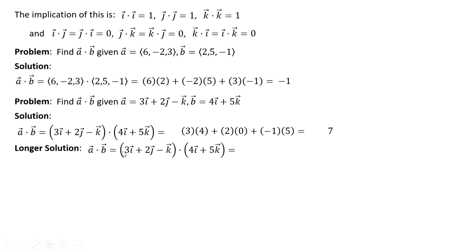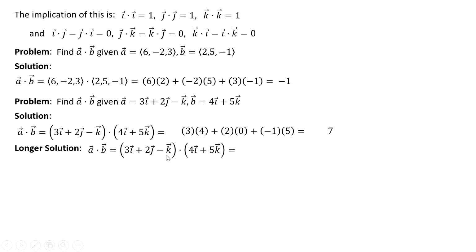So we have A dot B, is that right? So check this out. Can we apply the distributive property? That means, can I first take this vector 3i and take a dot product with 4i plus 5k plus the 2j dotted with this one and distribute like that? It's almost like the distributive property for regular a plus b plus c times some p plus q.